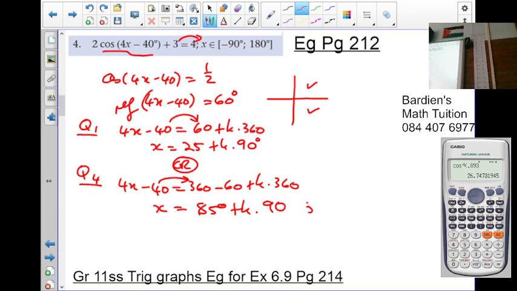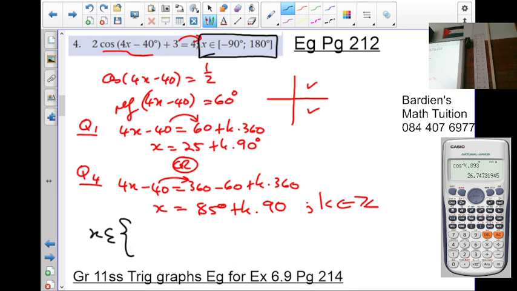So k is an element of the integers. Okay. Did I ever answer the question? They want to know for x is an element of negative 90 to 180. So I start by listing. x is an element of. If I put the 0 through here, what do I get? 25.